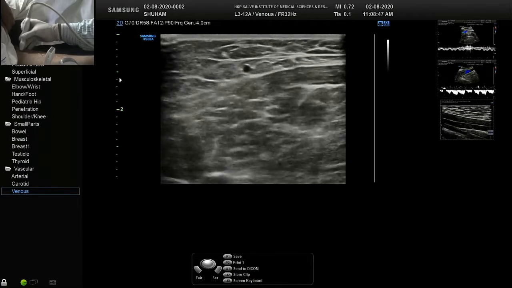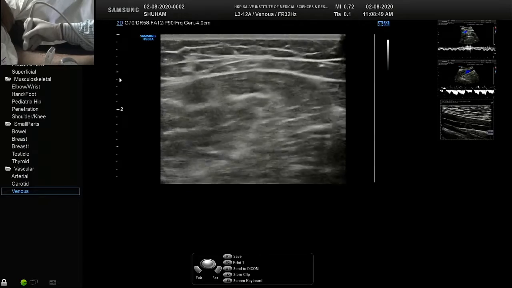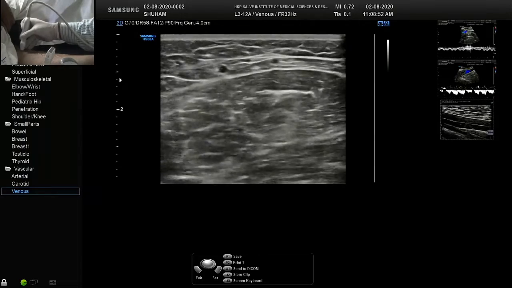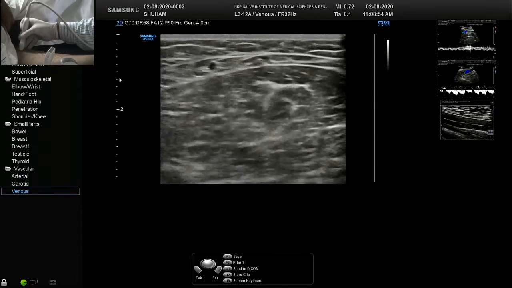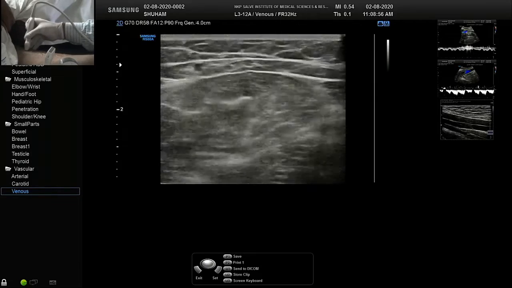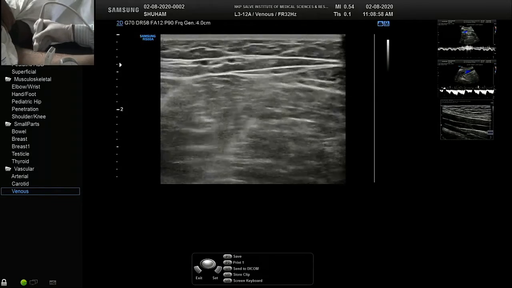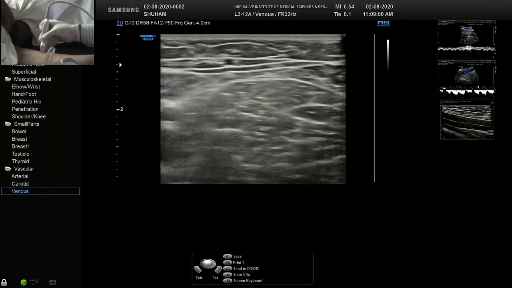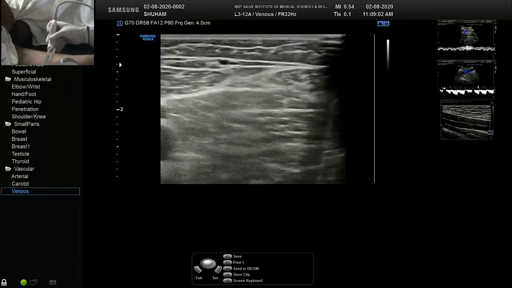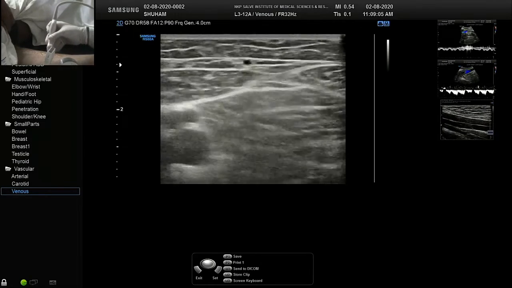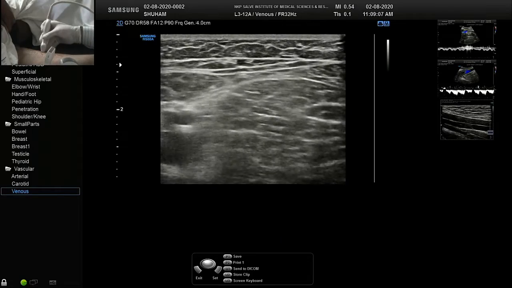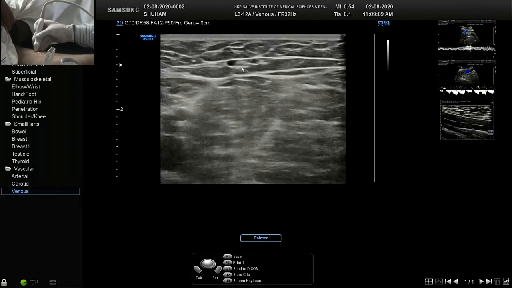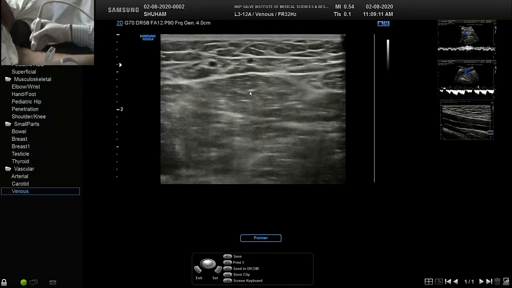Now I am seeing the superficial vein, so I have just reduced the depth and brought my focus to the area of interest, so that we can see the short saphenous vein nicely, long saphenous or great saphenous vein nicely. So this is the great saphenous vein. You can see, this is the great saphenous vein. This is joined by a tributary there.